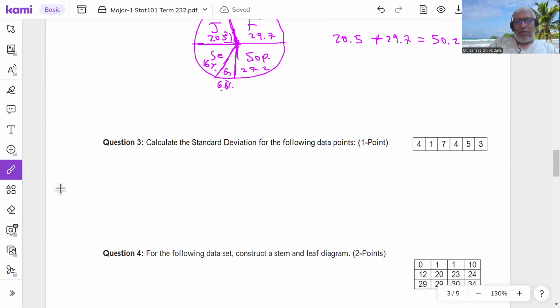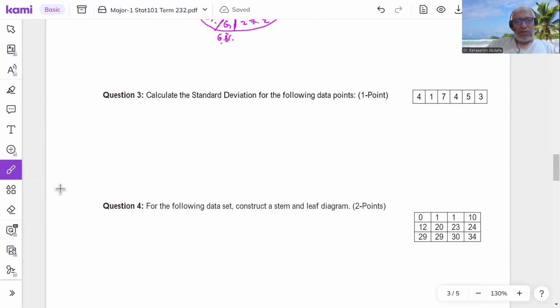Calculate the standard deviation for the following data points. Well, the formula of the standard deviation is S equals square root of summation x square minus summation x all square over n minus 1.